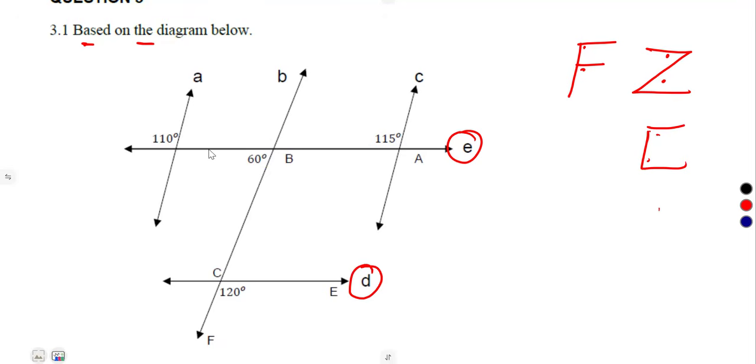We do understand that angles on a straight line add up to 180 degrees. So if we focus at point B, we can see the angle that is remaining. Let's just call it B, and let's just focus on finding that. Let's just say this is our B, this one.